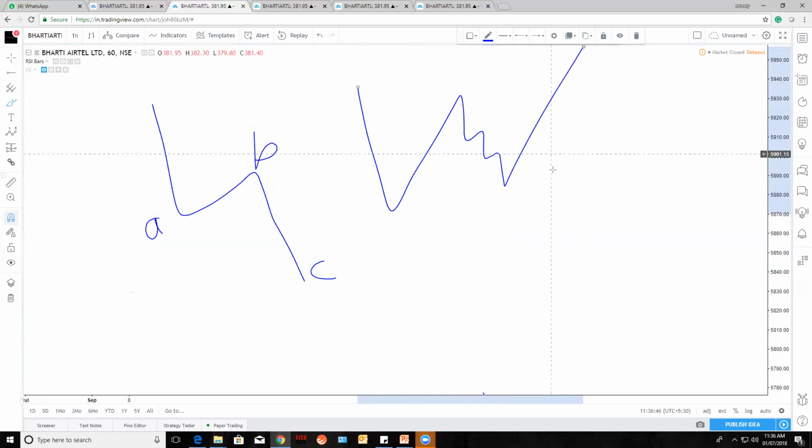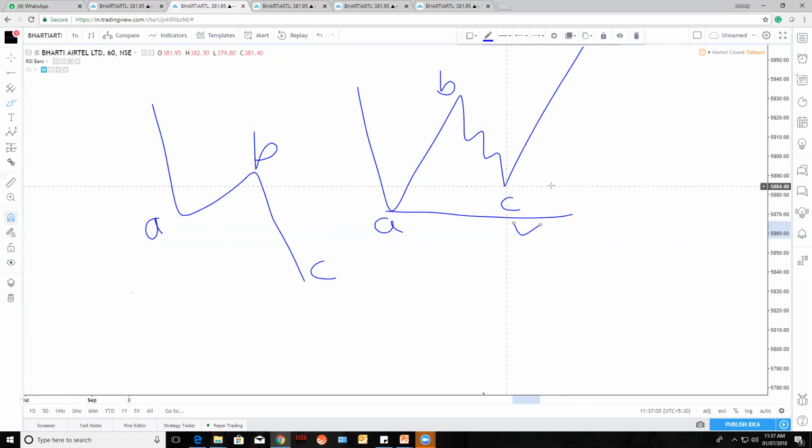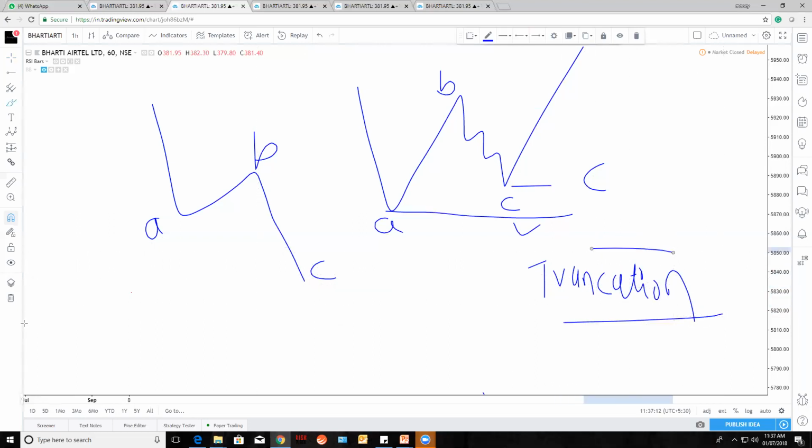This is A, this is B, and this is C. Whenever the C fails, let's say this C fails to touch the A, then it is called C wave truncation. Truncation means fail. That is simple.